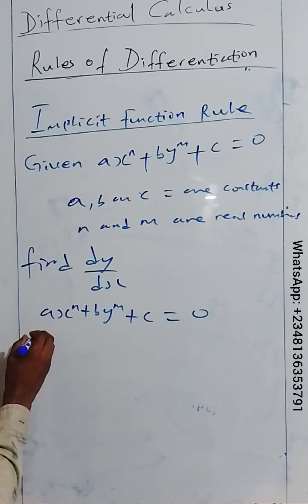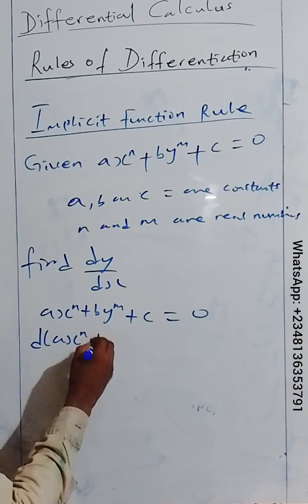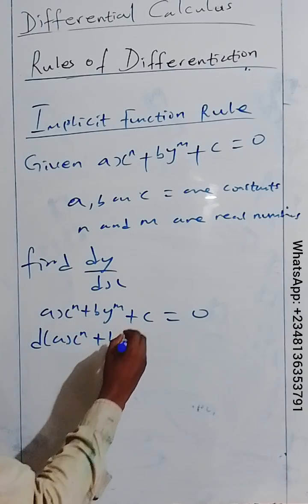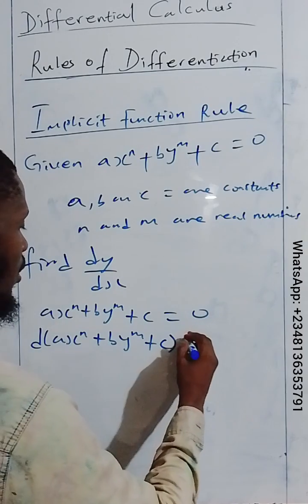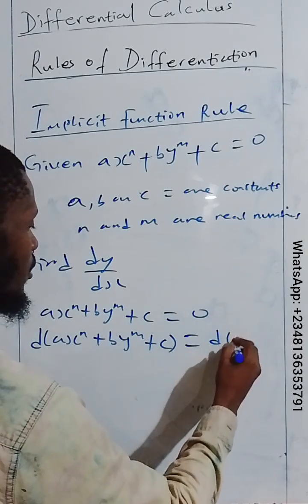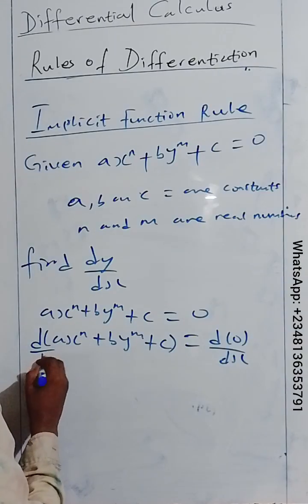So we have d/dx of the whole expression equals d/dx of 0.